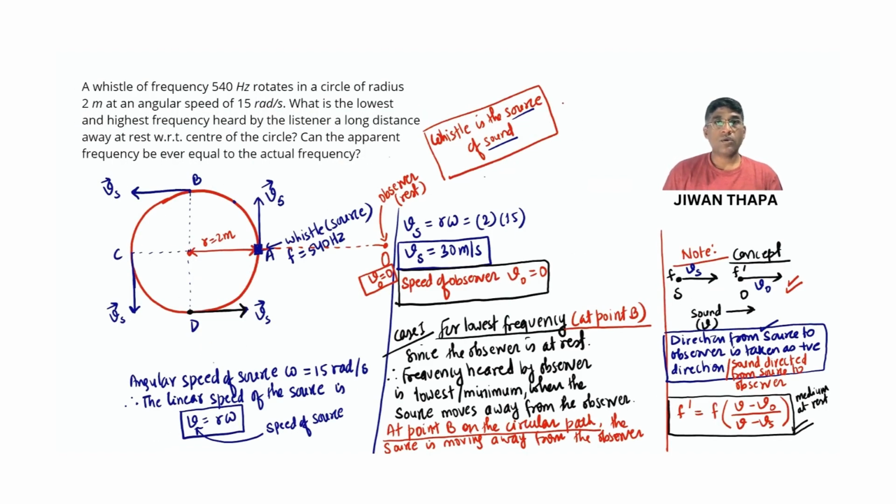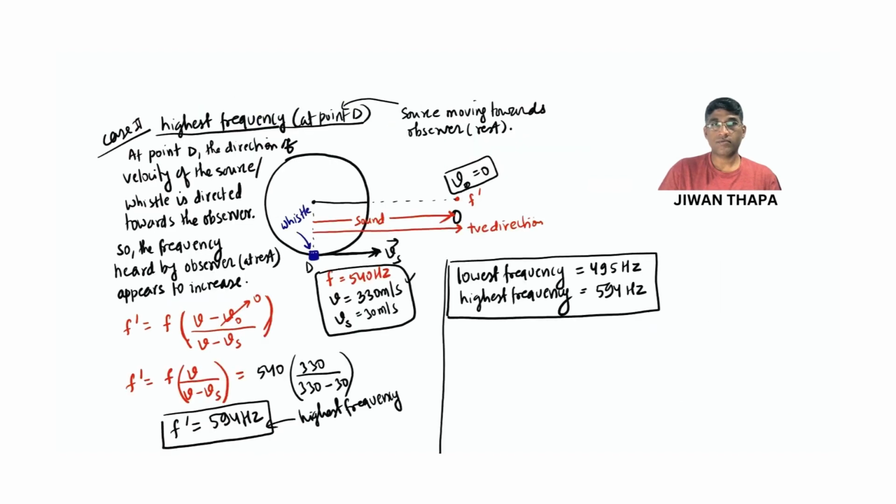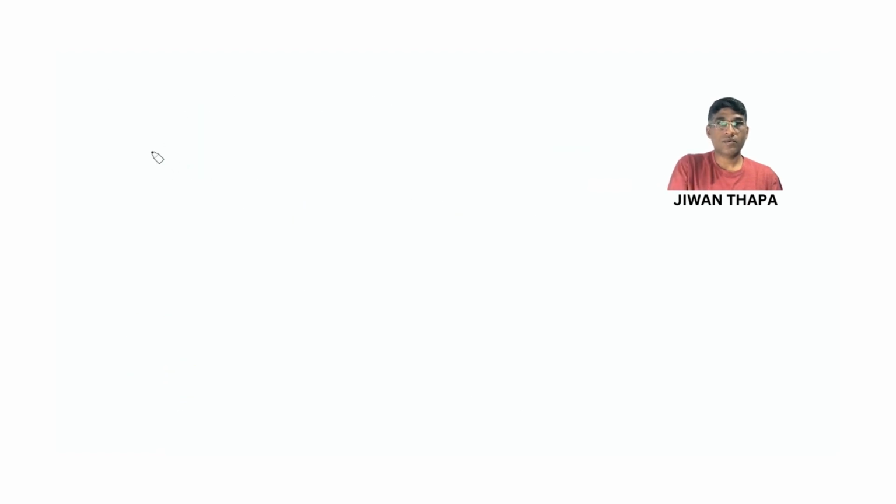Can the apparent frequency be ever equal to the actual frequency? So we are asked to find this. Okay, so for this, what we do, case third. Okay, so I'm writing in this way.